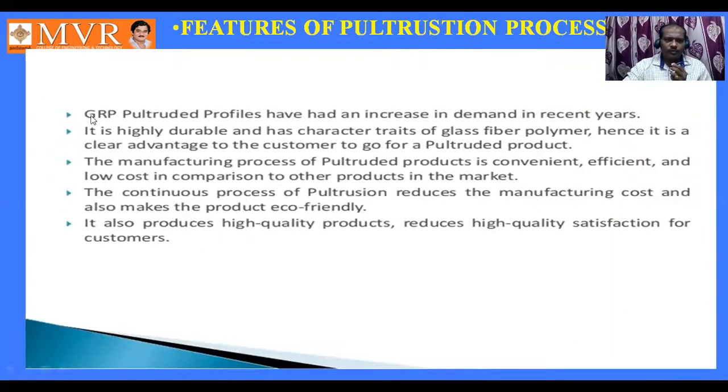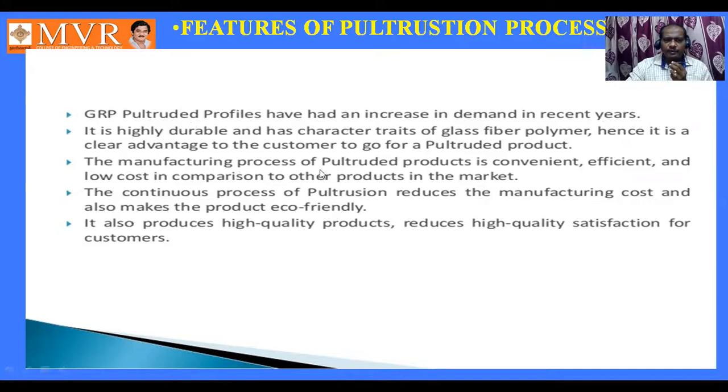Apart from the above, GRP pultruded profiles, that means glass reinforced plastics or glass reinforced polymers, have had an increase in demand in recent years. It is highly durable and has the character traits of glass fiber polymers, hence it is a clear advantage to the customer to go for a pultruded product.